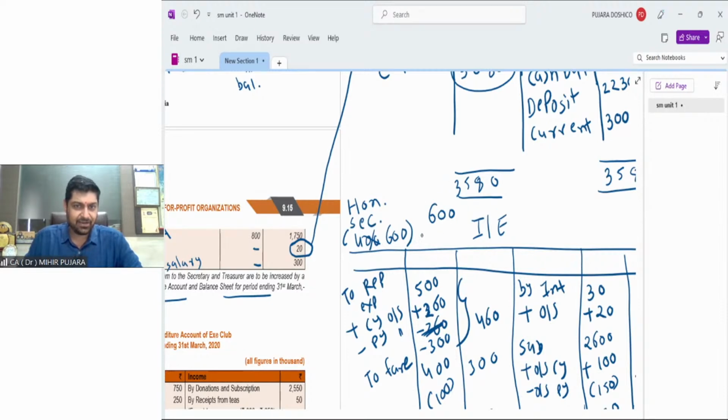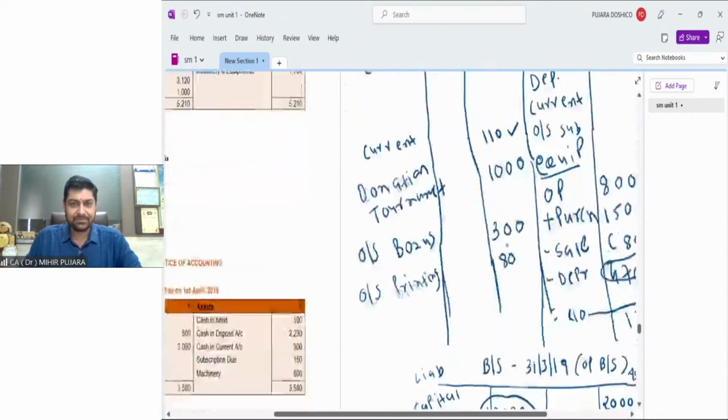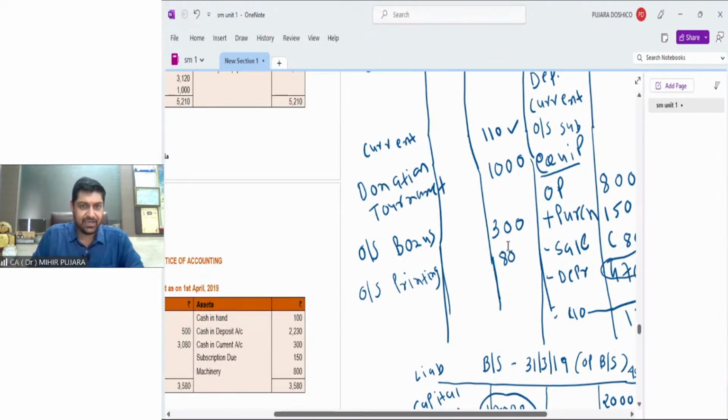It is of current year. And in the balance sheet, it should be on the liability side. 600 should be on the liability side.